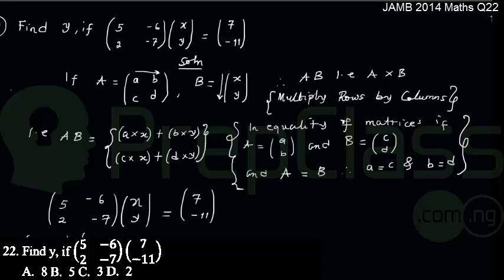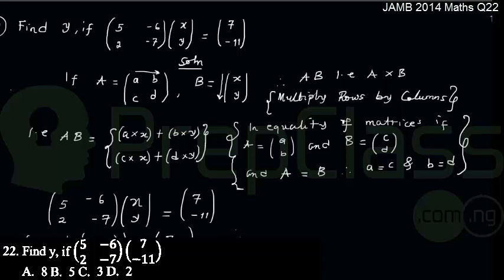So I would have minus 6y. Now 2 times x, I would have 2x. Now minus 7, that will be plus, minus 7 times y, that will be minus 7y. Is all equal to 7, minus 11.